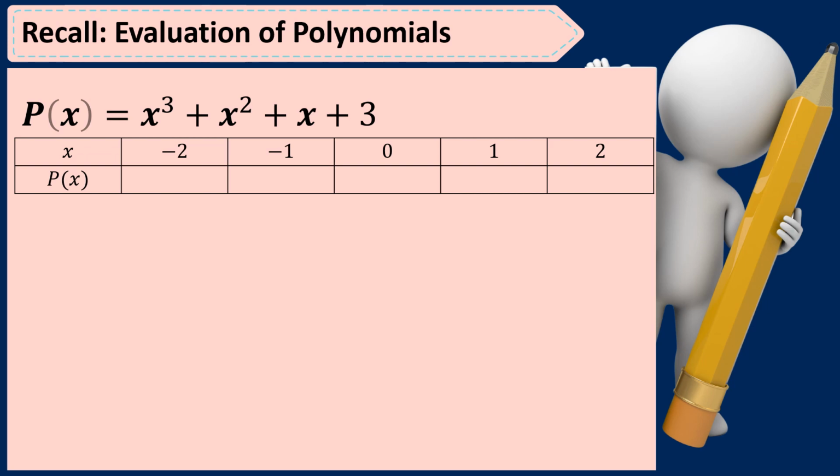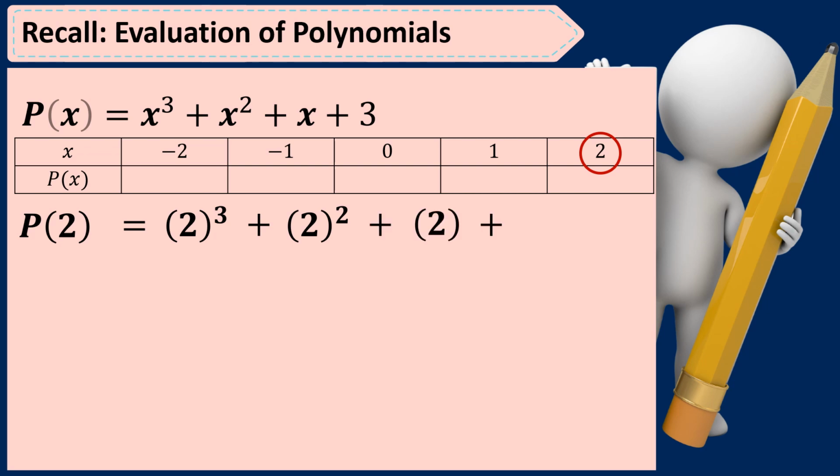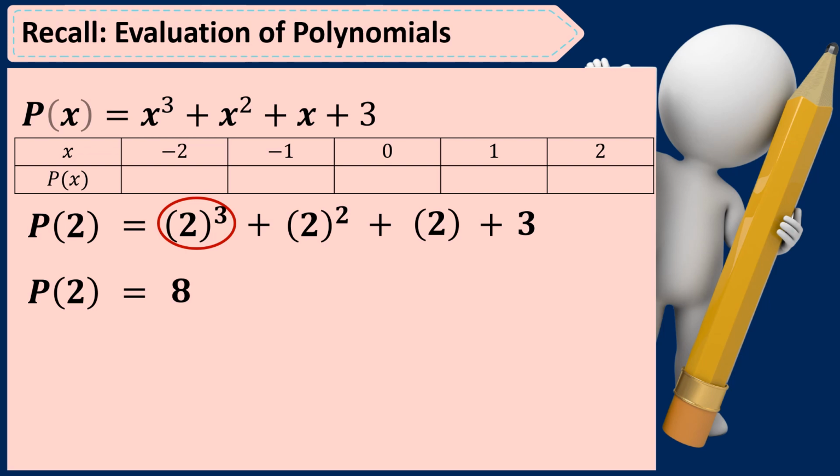Let's have P of 2. P of 2 is equal to the cube of 2 plus the square of 2 plus 2 plus 3. The cube of 2 is equal to positive 8. We simplify plus the square of 2, that is equal to positive 4.